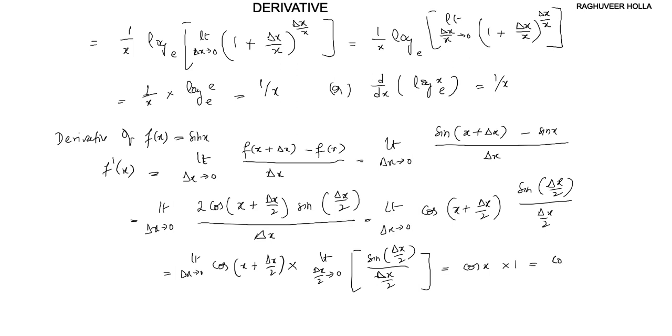Now this is equal to cos x multiplied 1, right? So which is equal to cos x, d by dx of sine x is cos x.